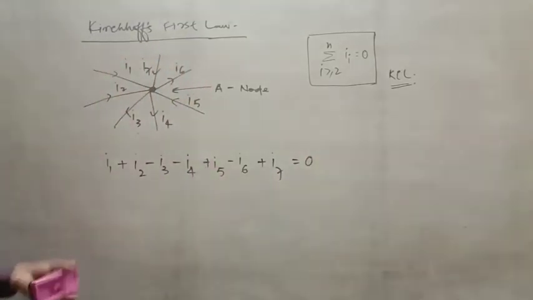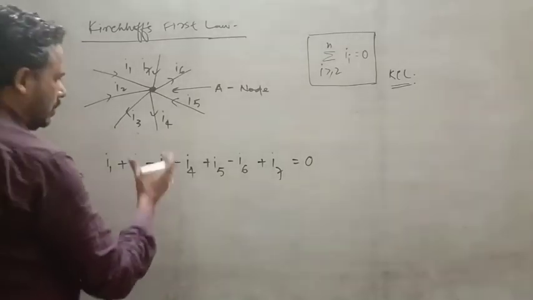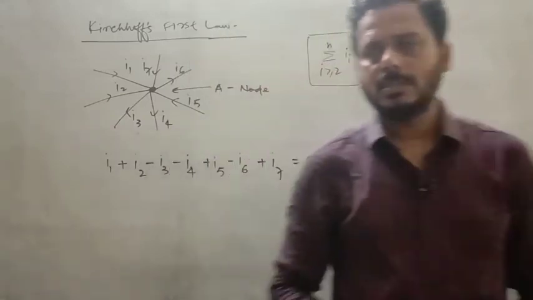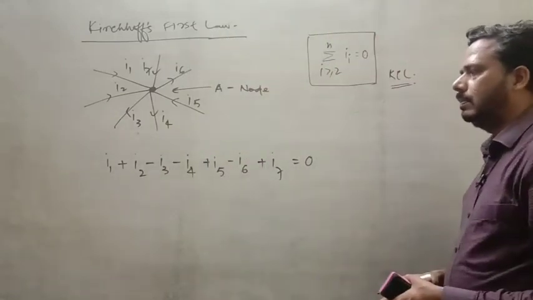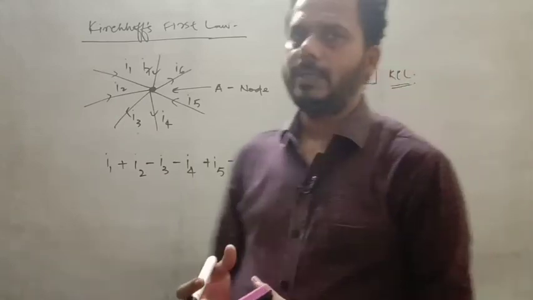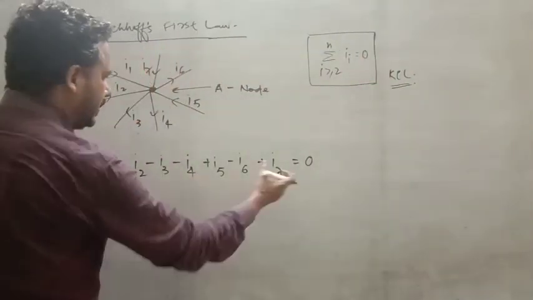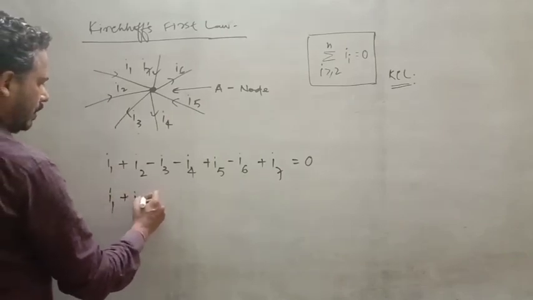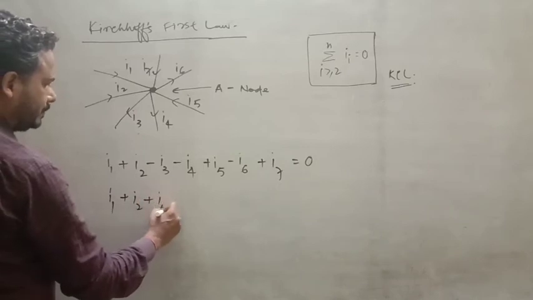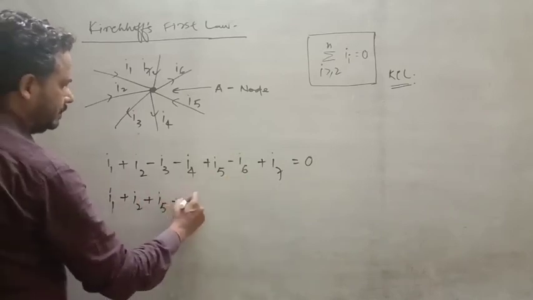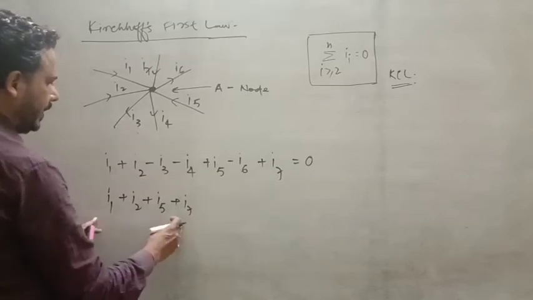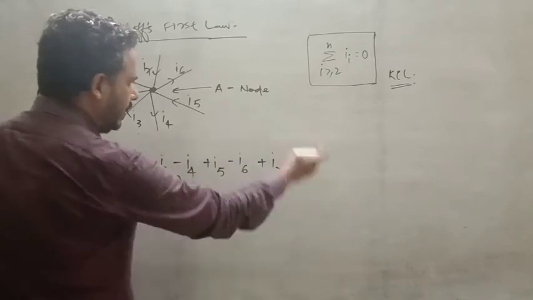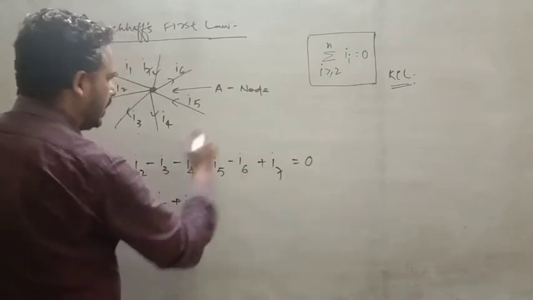After simplification, you can write all positive on one side, and as per your wish you can take all negative on the other side. So I1 plus I2 plus I5 plus I7, these are positive, so you take them on one side, and the rest that are negative you take to the other side, so they become positive too.